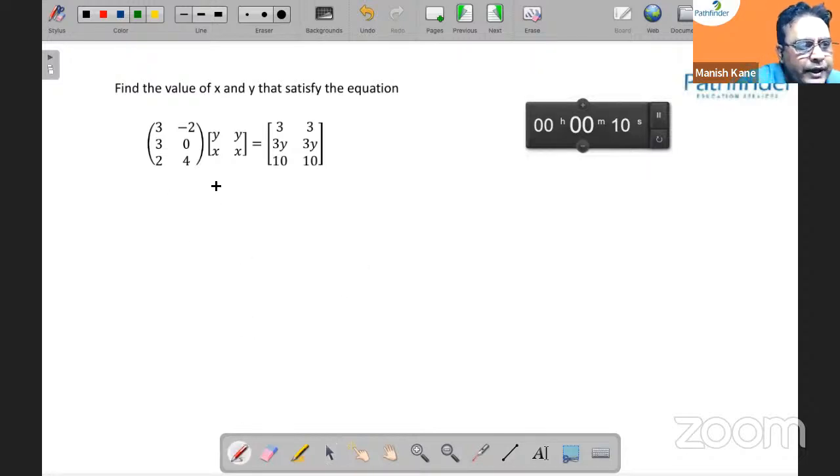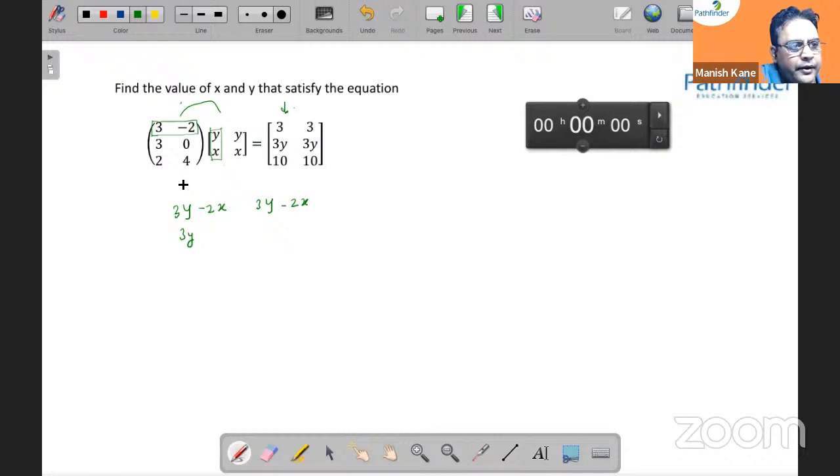Okay, let's quickly multiply, because ultimately I have to multiply these two and equate with this. So first column with rows. So what do we get? 3y minus 2x, and then you get 3y minus 2x, right?